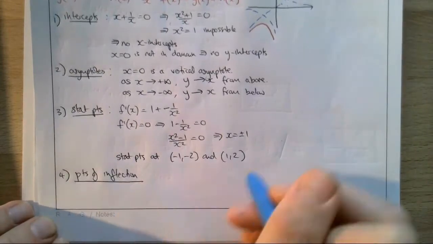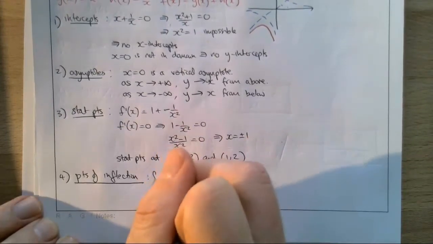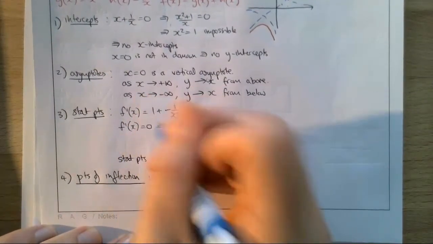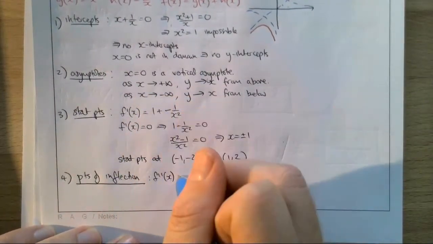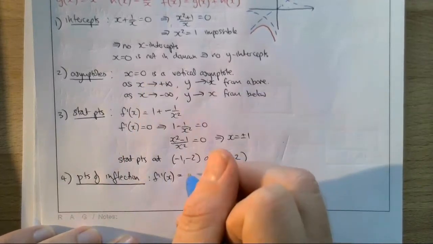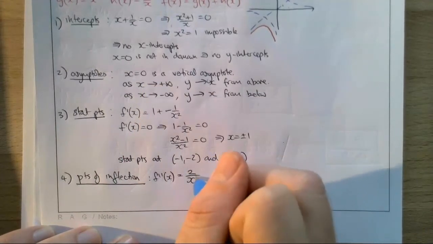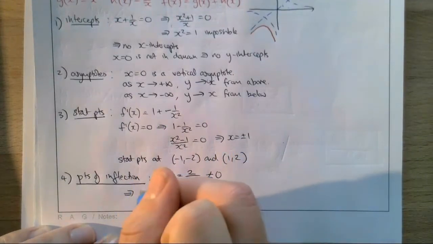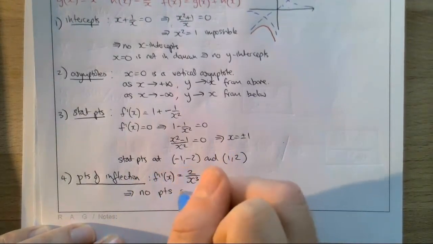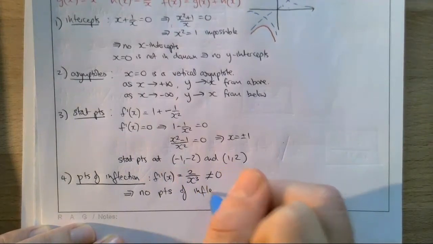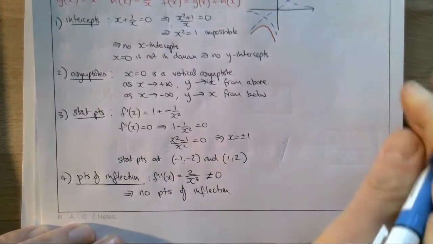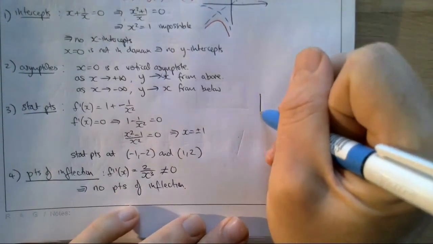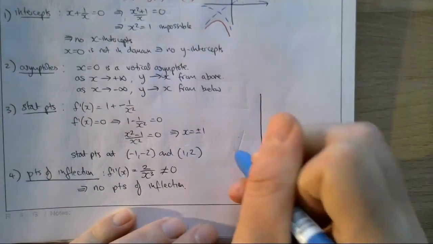Looking at points of inflection, f double dash of x: the first term differentiates to 0, but the second term is going to differentiate to 2 over x cubed, which cannot be equal to 0, so no points of inflection. Meaning that actually I think we've got lots of information now to help me plot this graph and have a pretty good stab at it.